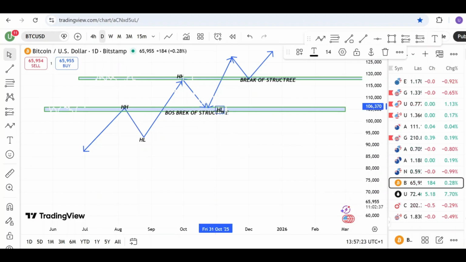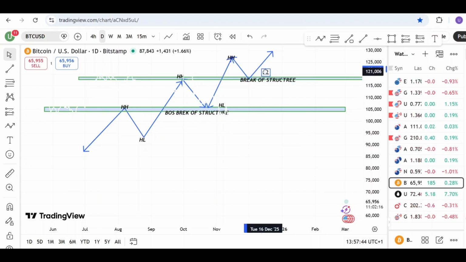This is higher low. This is another creation of higher high. This is another creation of higher low. Higher low, like this, and so on.